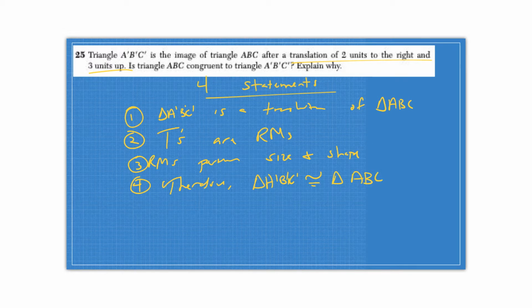If you just fill out those 4 statements, where the only details you really need to fill in are what kind of rigid motion, then you get full credit on a question like this.